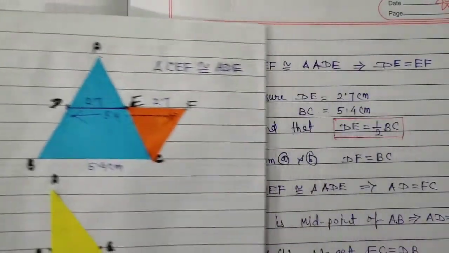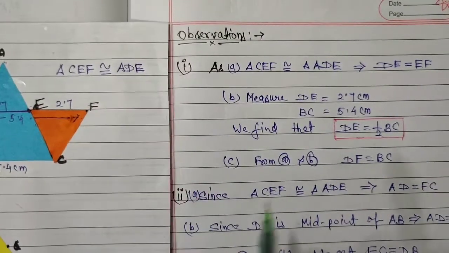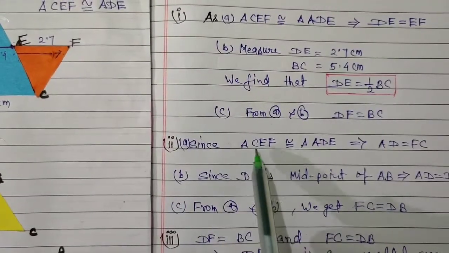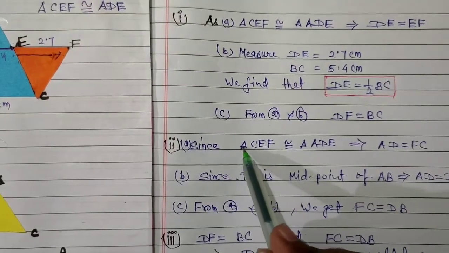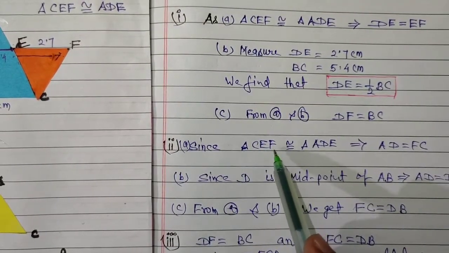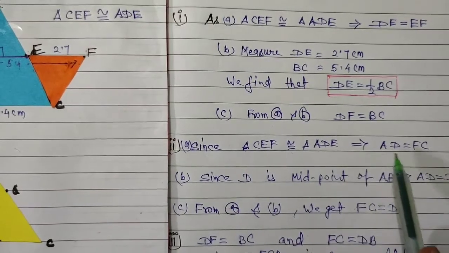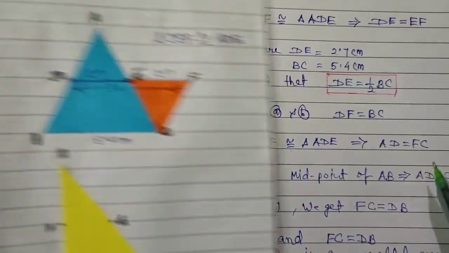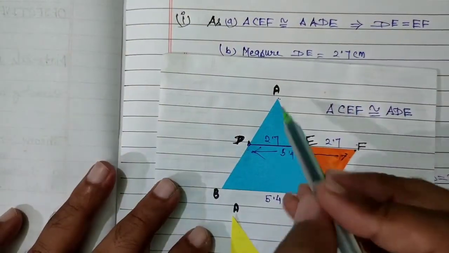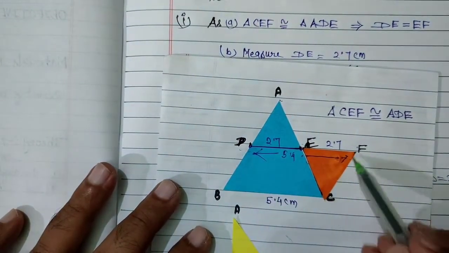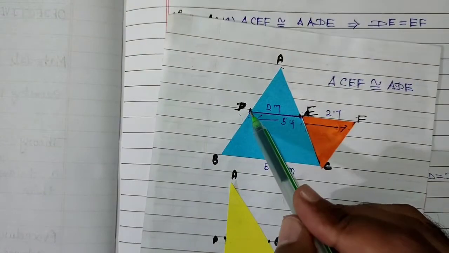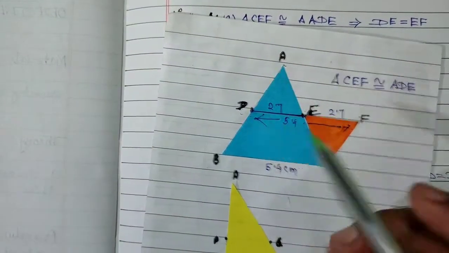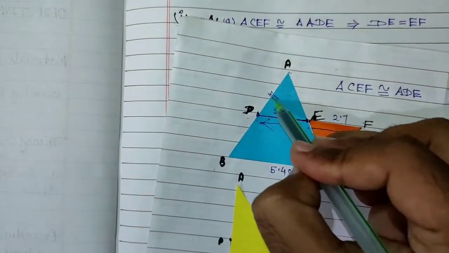Okay, now the second observation, as you know that this triangle CEF is congruent to ADE, so AD equal to FC. AD equal to FC. And this D is midpoint of AB. It means these two lines are equal.